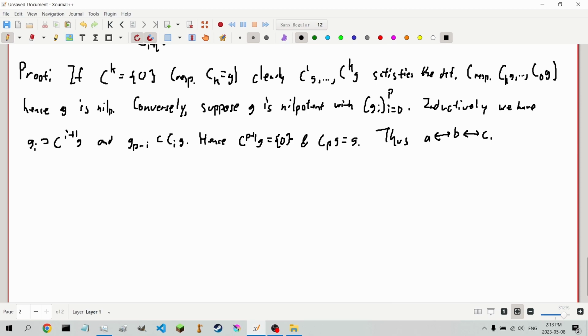Now we want to show for D that there's an integer k such that the composition of k adjoints is equal to 0. Let C^i G be the set of linear combinations of [x1, [..., [x_(i-1), x_i]]].